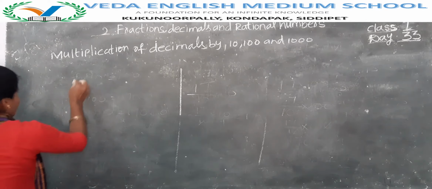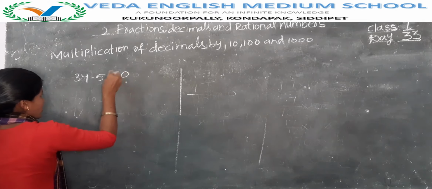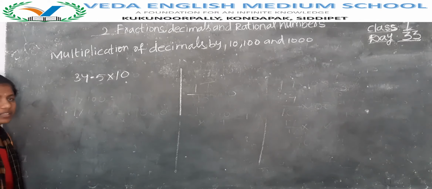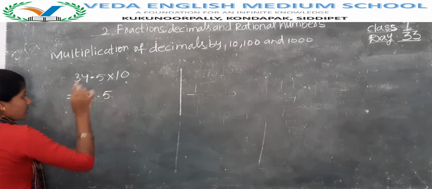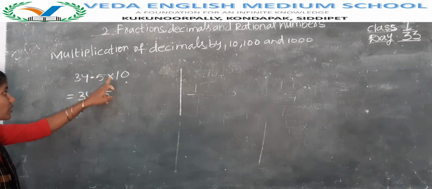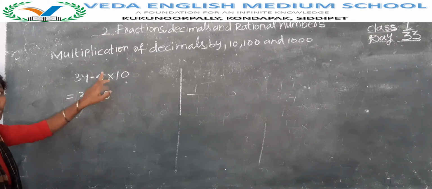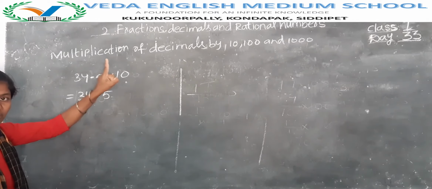One more. For example, if I have 34.5 into 10 only. 34.5 into 10, then where will you get the point? ఈ పాయింట్ మళ్ళీ మీరు మర్చిపోవాలి. ఇప్పుడు డెసిమల్ పాయింట్ ఎక్కడ పోతుందంటే 1 digit తర్వాత పెట్టాలి. ఎందుకు 1 digit తర్వాత పెట్టాలి? బికాజ్ 10 లో ఎన్ని zeros ఉన్నాయి? In 10 we have only 1 zero.